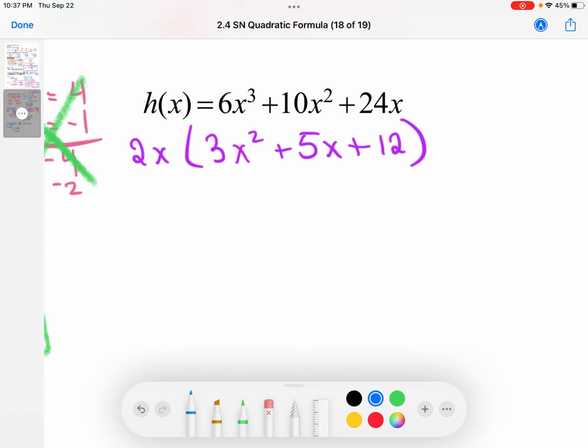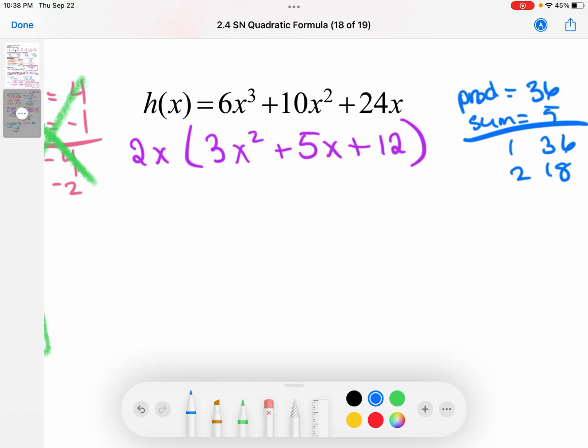Okay, it is worth a quick check to see if this would factor. We would need a product of 36, 3 times 12. We need a sum of 5. This isn't looking really likely, is it? 1 times 36, 2 times 18, 3 times 12, 4 times 9, 6 times 6.